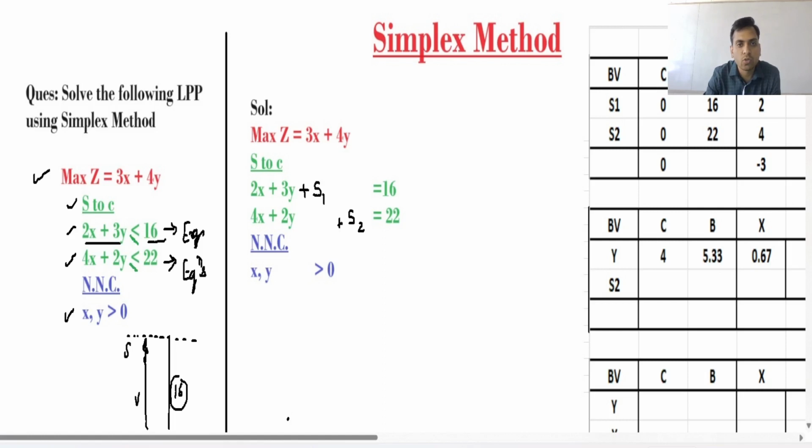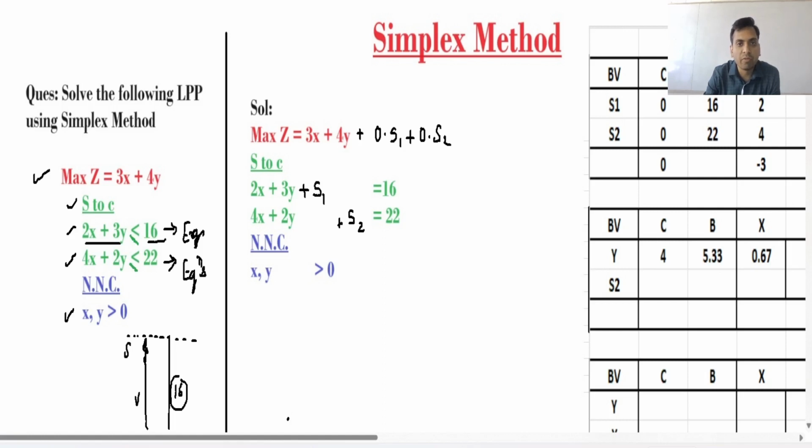And the same we will add in the objective function as 0 into S1 and 0 into S2. We are writing 0 because there is no profit, no cost for these slack variables.